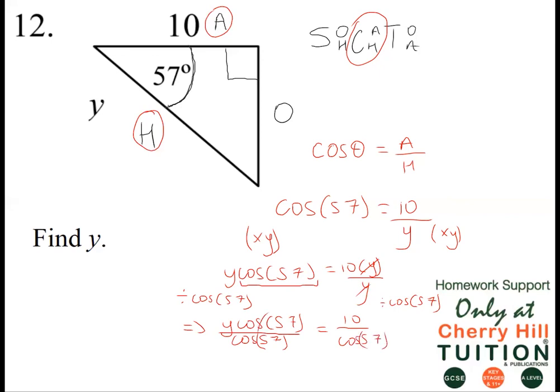Okay, so the cos 57s cancel out and we are left with y is equal to 10 over cos of 57. And now all we need to do is plug this into our calculators and see what we get. So putting this into our calculators, you should get 18.36 degrees. Okay, so have a go at this question on your own and check if your answer matches mine.